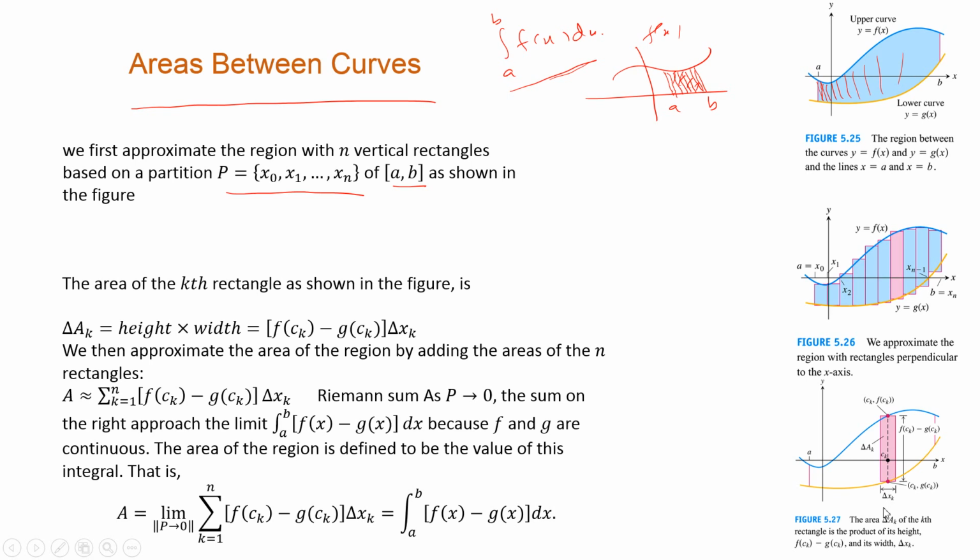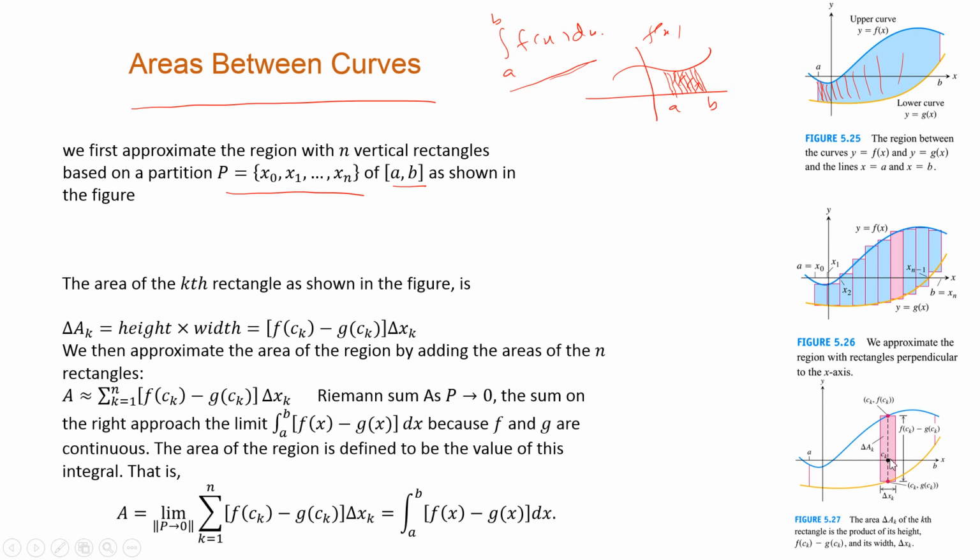Choose any point in the interval, let it be ck. Then the value of f at ck is f(ck). So this is the point on the curve y equals f(x) at x equals ck, and this is the point on the curve y equals g(x), g(ck), right?